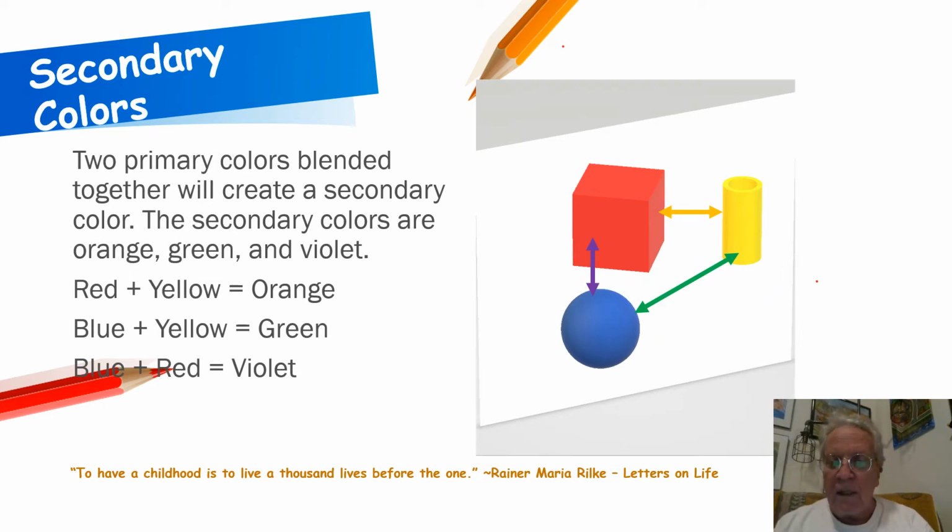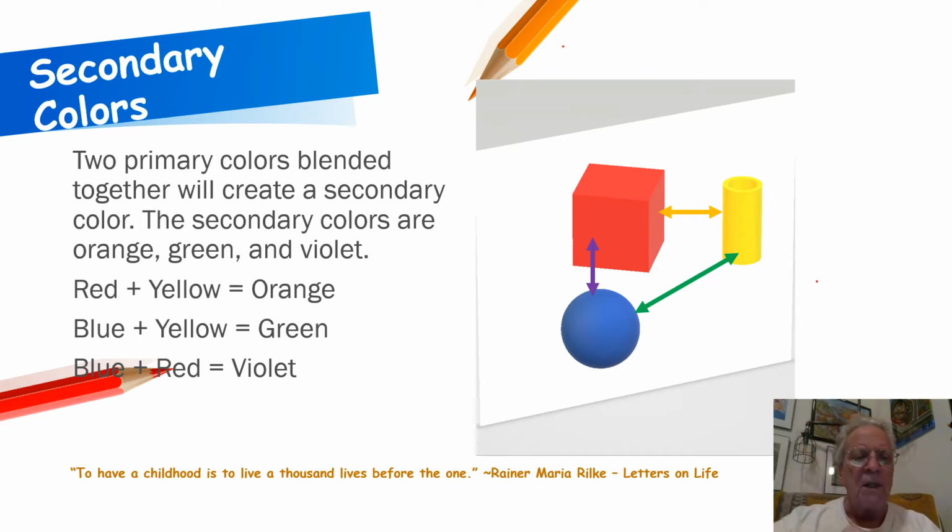Now, secondary colors. To get secondary colors, 2 primary colors are mixed together. The secondary colors are orange, green, and violet. Well, we don't have orange, green, and violet here, do we?